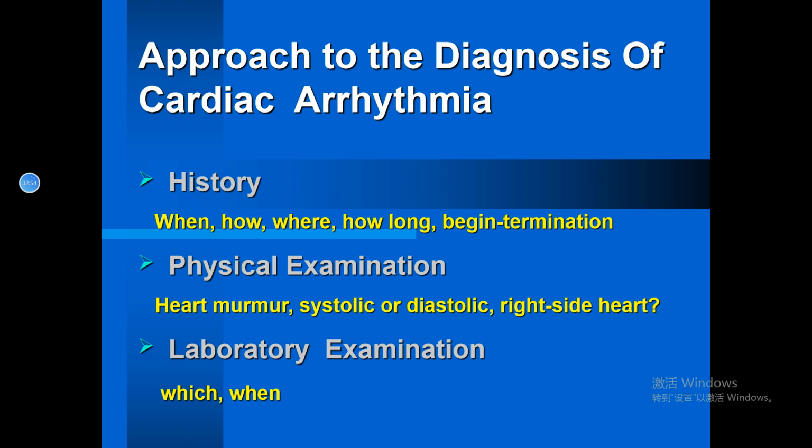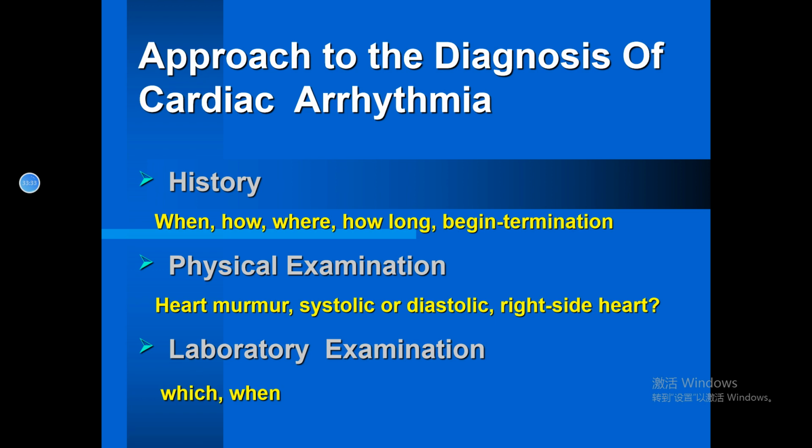And the second one, we should do a physical examination for the patient. For example, we should hear whether there is a heart murmur or not, and which kind of heart murmur. Is it a systolic murmur or a diastolic murmur? And sometimes the patient has a right-sided heart, where the heart is located on the right side of the chest, not the left side.